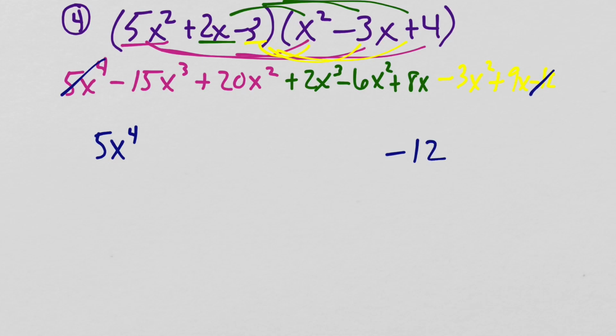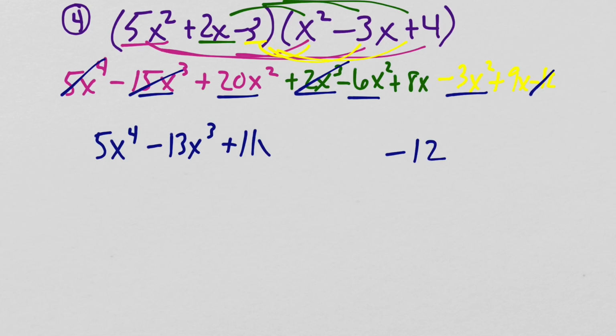And then now what we can do is we can look at x to the third, x to the third. So negative 15 and a positive 2 is a negative 13 x to the thirds. So those are gone. Then we have 20x squared minus 6x squared gives you 14x squared. Minus 3x squared is going to give you a positive 11x squared.